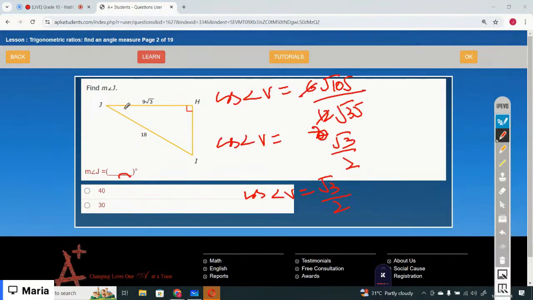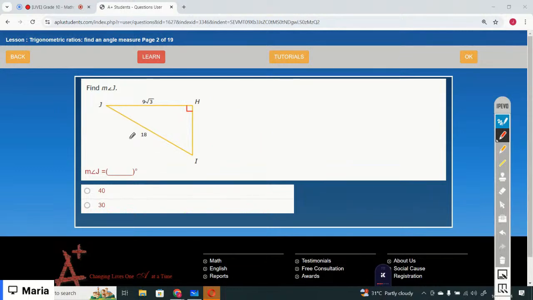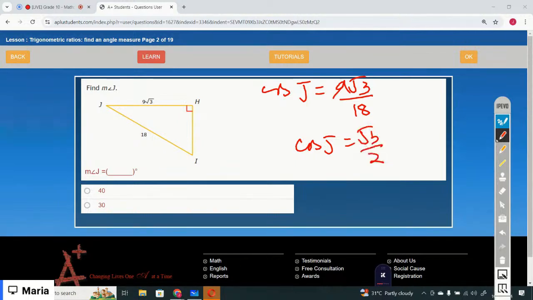So here is angle J, right? You have to do cos of angle J, right? Cos of angle J is 9 square root 3 over 18. That's the same 30 degrees, right? 9 times 1 is 9, 9 times 2 is 18. So cos J is square root 3 over 2.